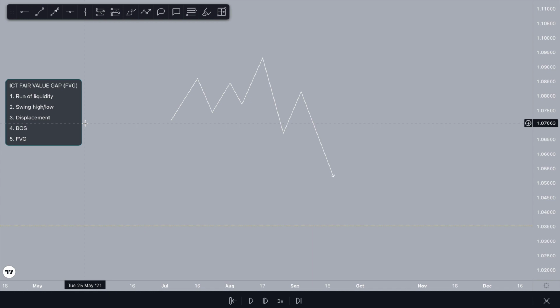First, we have to look for a run of liquidity. A run of liquidity normally rests above the old high or previous high, which is basically an area where retail traders place their stop loss. Looking at our pattern, we can conclude that this is our old high.